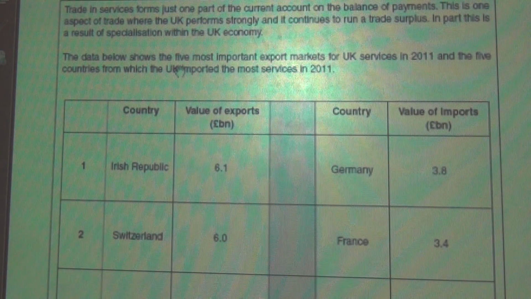Reading on in paragraph 1. In part, this is a result of specialisation within the UK. You'll need to know what we mean by the term specialisation. For those of you who are not aware, it's to do with international trade, whereby we specialise in the production of one good or service.